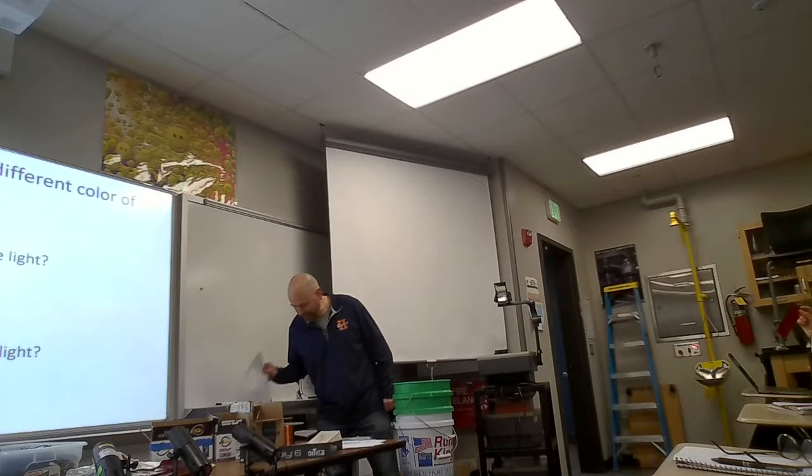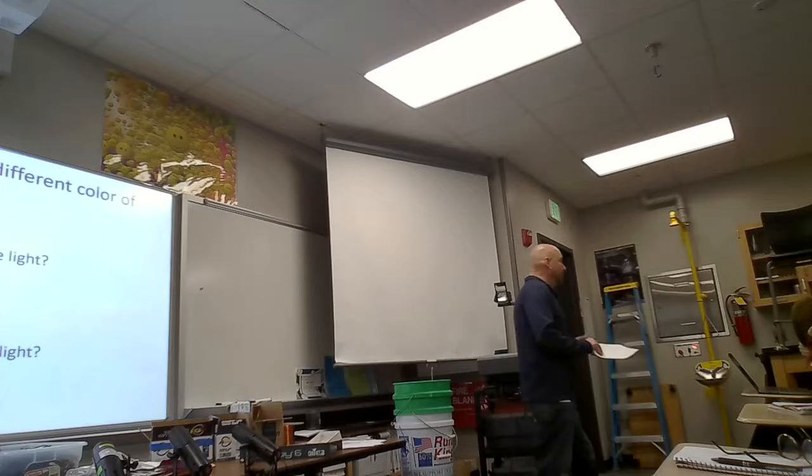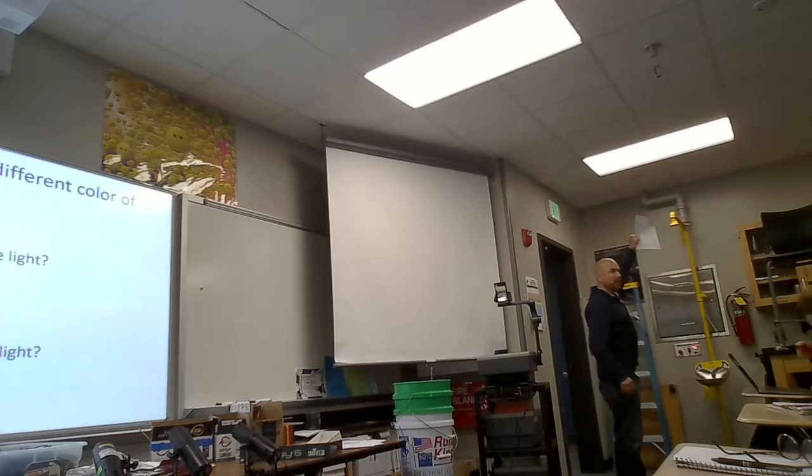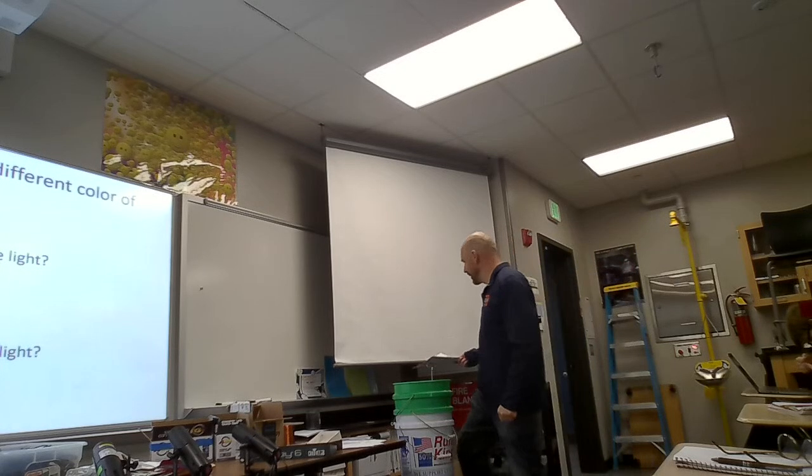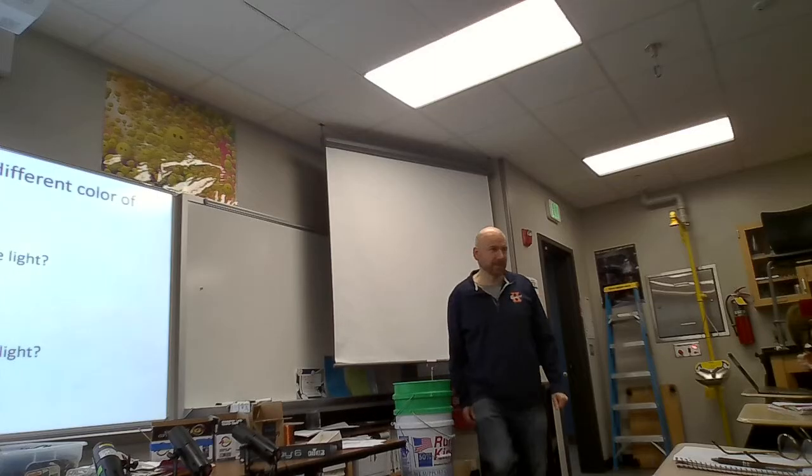And you're like, no, it's not. And then I say, okay, look at this piece of white paper. What does it look like? You're going to say white. And I'm going to say, nope, it looks kind of reddish, pinkish. Okay? Because if you compared it to this, it would look red. Okay? Color, a lot of times, depends on what you're comparing it to.